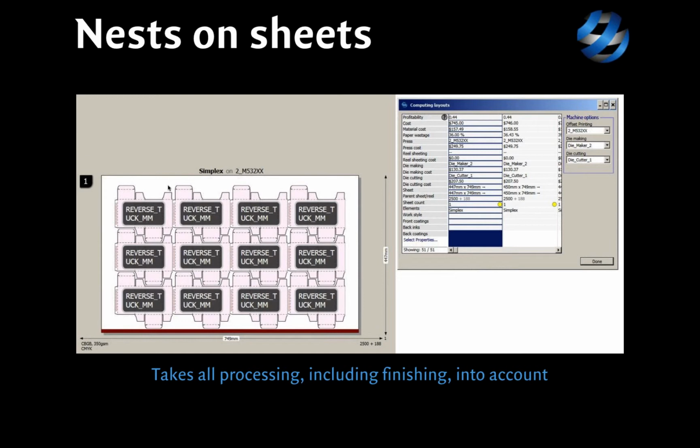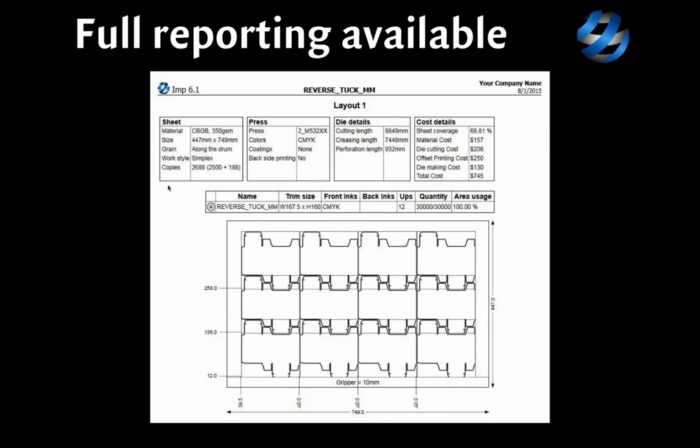Those things are important because it will allow you to also take the cost of those finishing operations into account while you're doing the planning of that job. And when I say you, I mean IMP, of course, because again, the key here is that all of that is done in a very automated fashion.